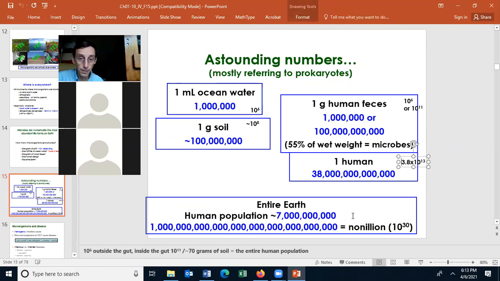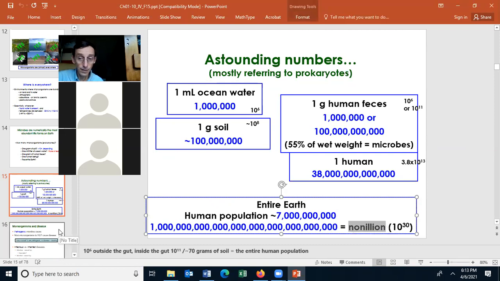In the entire planet, the human population is over 7 billion people. It's getting close to 8 billion people. For the total population of microorganisms, it's 1 times 10 to the 30th microorganisms on the planet. And if you want to know the name for that, it's a nonillion.